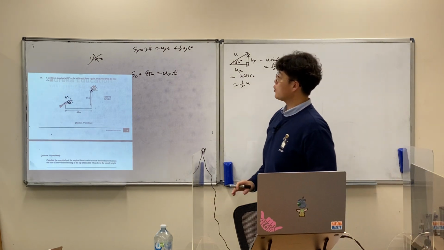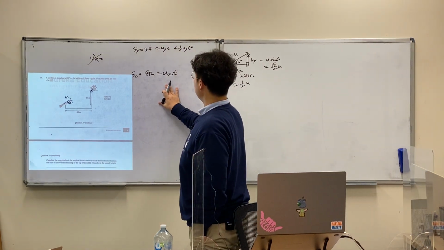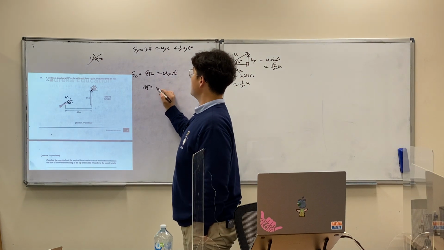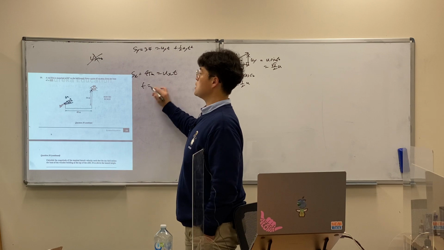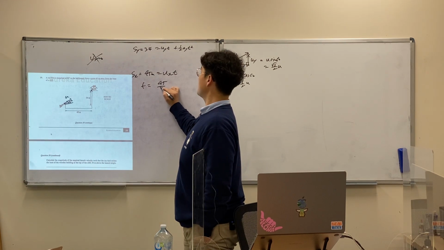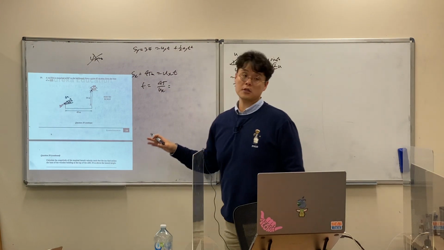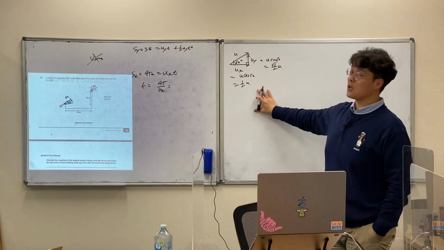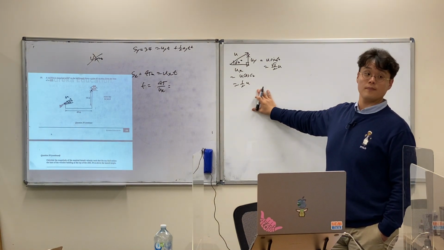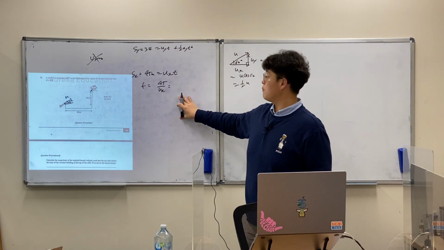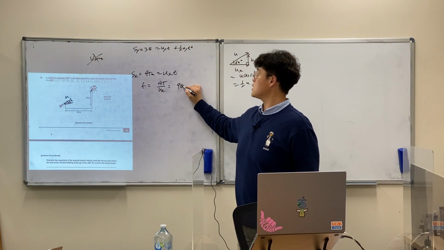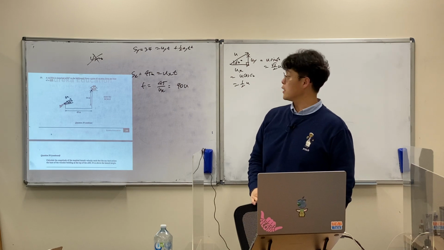What I'm going to do is substitute that over here. In terms of time from Sx, t equals 45 divided by ux, and that ux is given as half u. Can I substitute that over here? I think we can. Then I can make ux as half u, so that'll be 90 over u for the time taken.